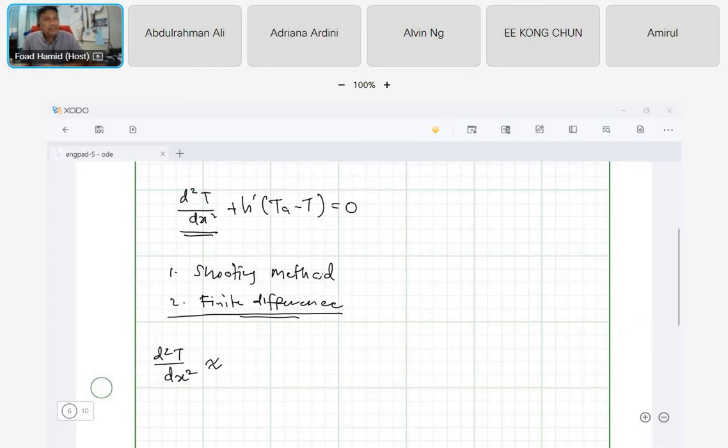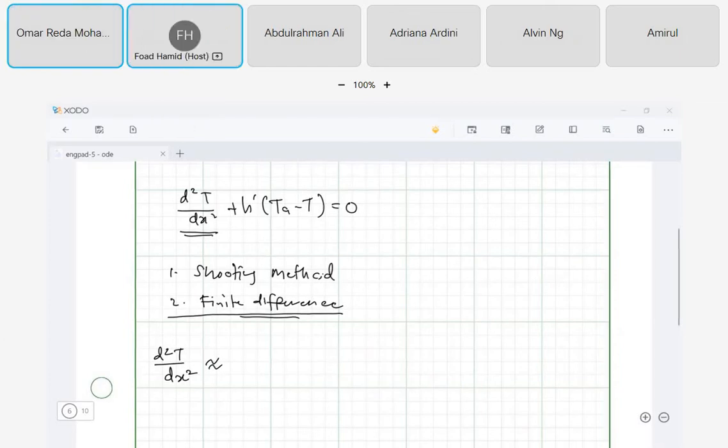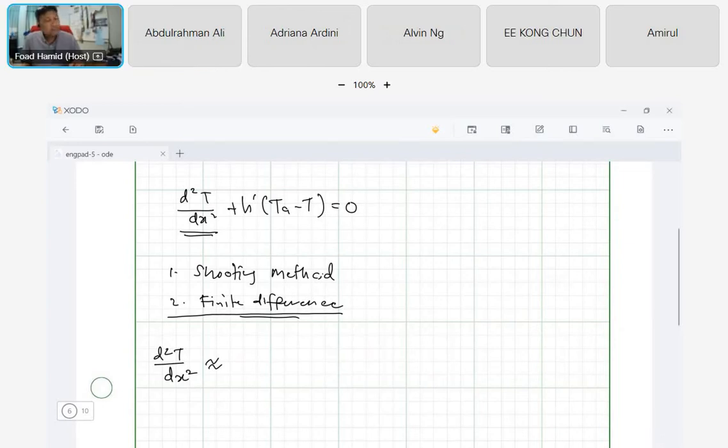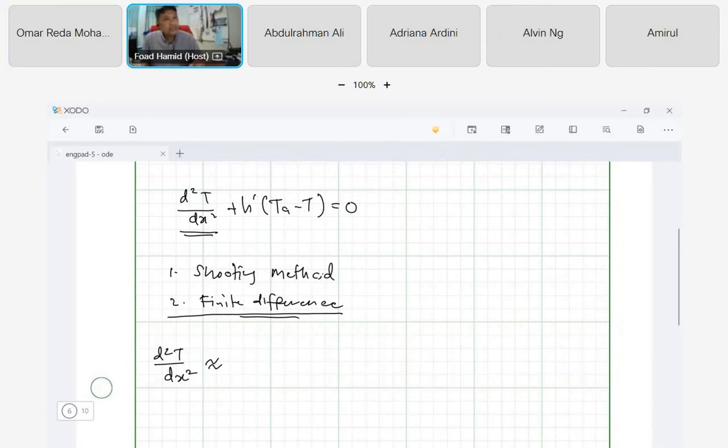Yes? Doctor? Two ODEs, you mentioned last class, right? Yeah, we can do it here. You can approximate this using two ODEs.